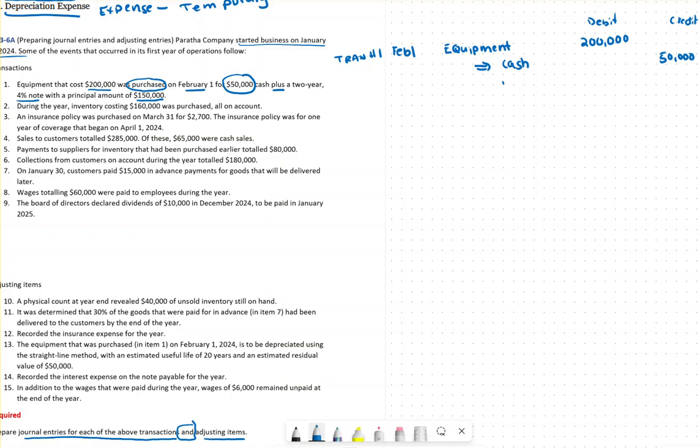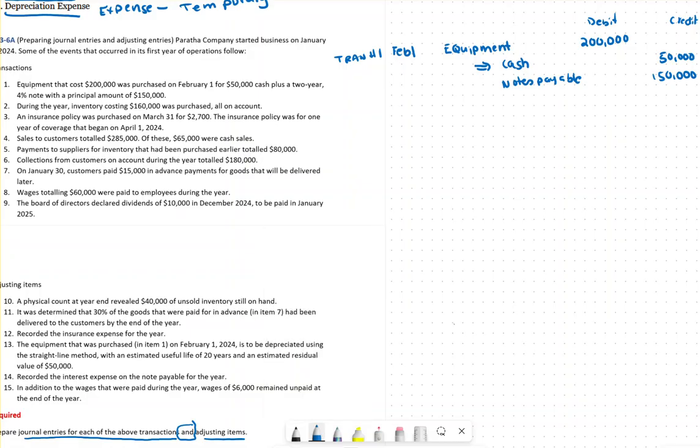If it's a note, it will be notes payable, or you can also call it long-term notes. They told us we're going to pay 4% interest, and that is my 150,000. The interest portion we will worry about later, because at this point we just got the equipment.